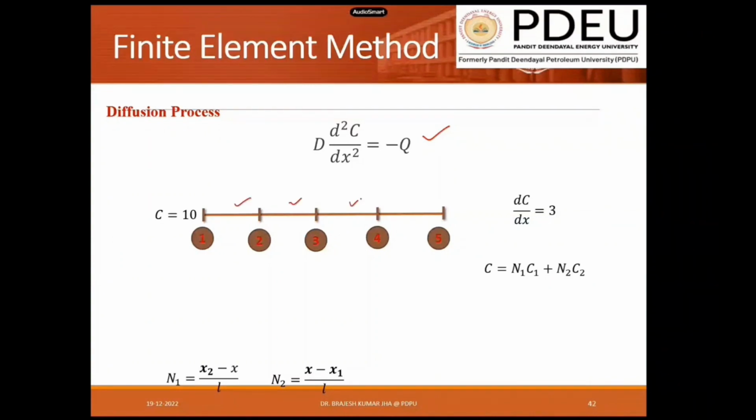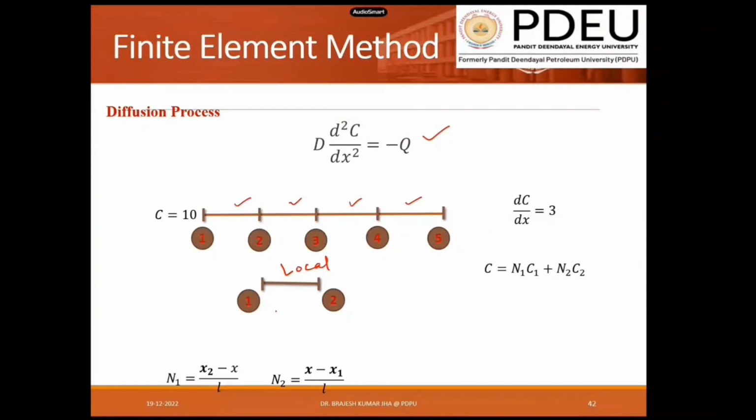So one element's information can be generated. Every element has 2 nodes, 1 and 2, locally. But in global form, the node information is different for every element. Suppose we are talking about this element: it has global nodes 3 and 4, but locally it is 1 and 2.